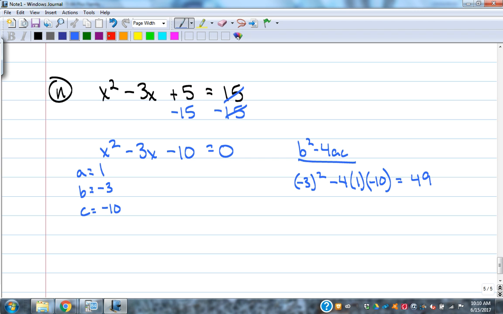So when I do the quadratic formula, x equals negative b plus or minus, I'm going to have that square root of 49 right there. What goes here in the front? A positive 3, because remember, it's the opposite of whatever b is. If b is negative, then it's positive right there. Divided by 2 times a.